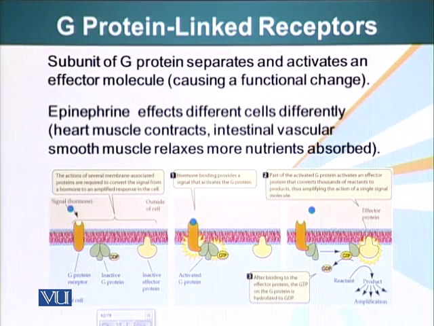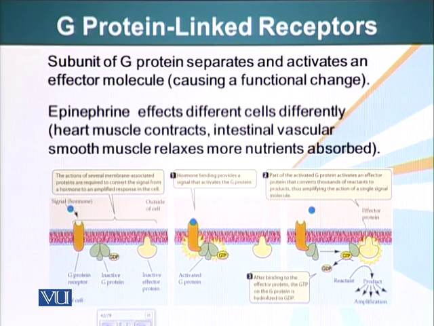One of the ligands for G protein linked receptors is epinephrine, also called adrenaline. When adrenaline binds its receptor, it causes different effects in different tissues, which we have talked about.